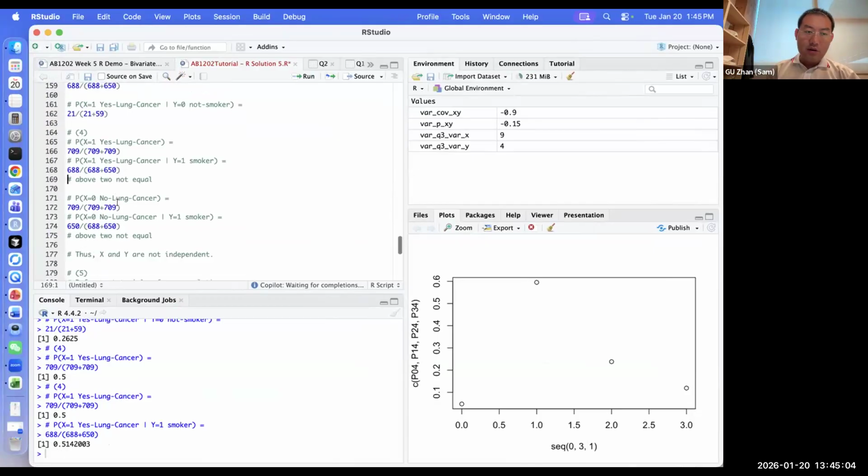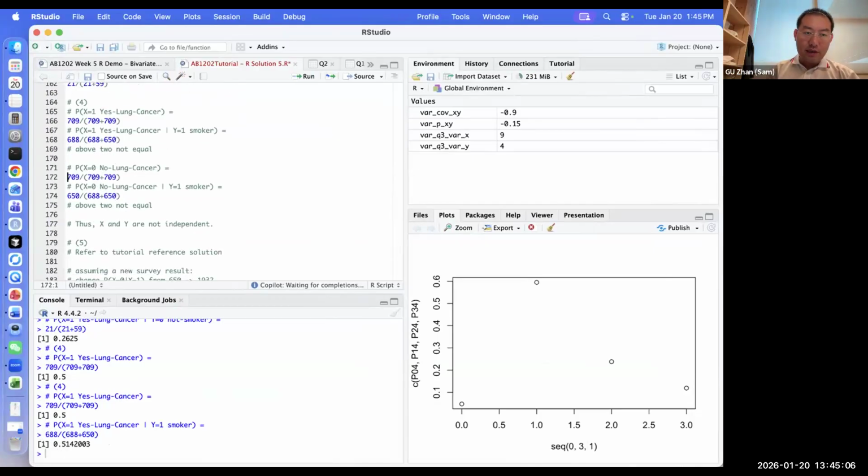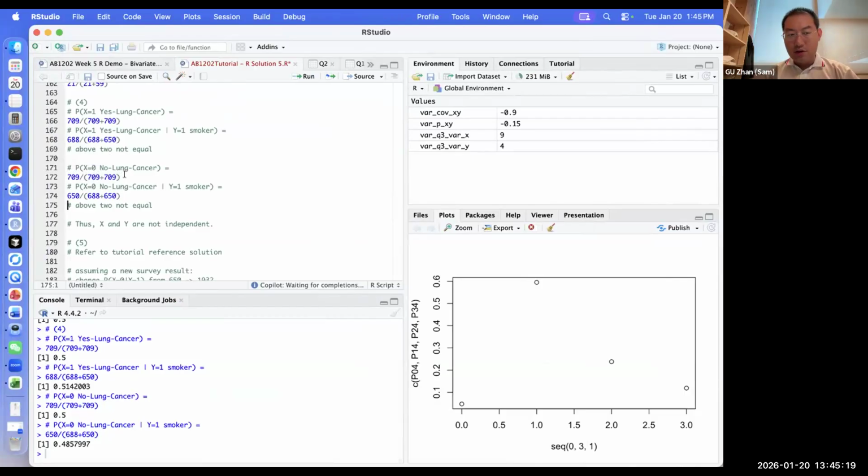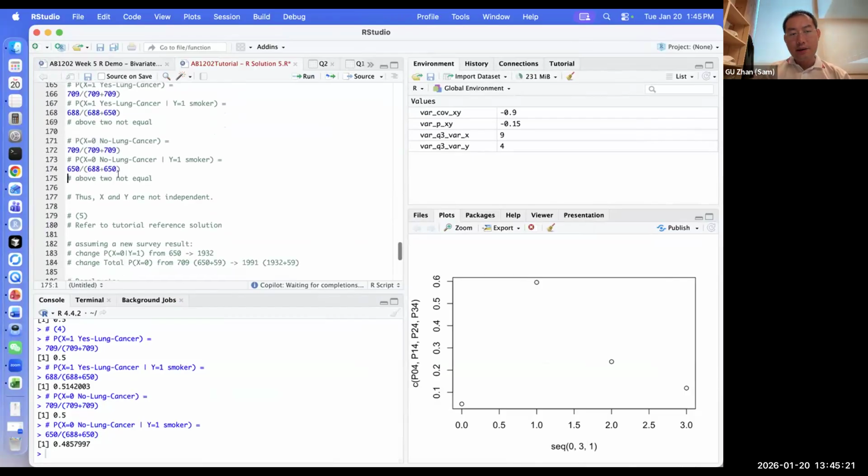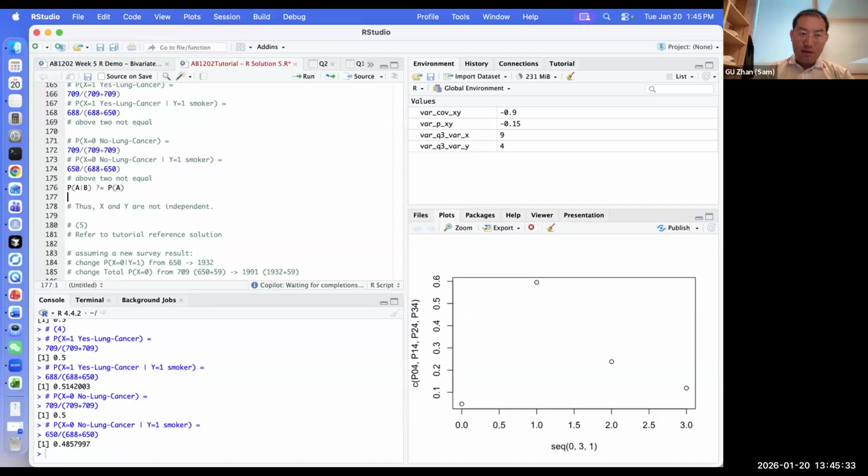Not independent. You can also verify using another way. So X equal to 0, given Y equal to smoker. Compare these two, they are also not equal. So they are not independent. Is P(A given B) equal to P(A)?